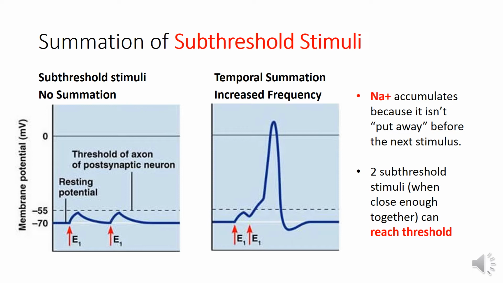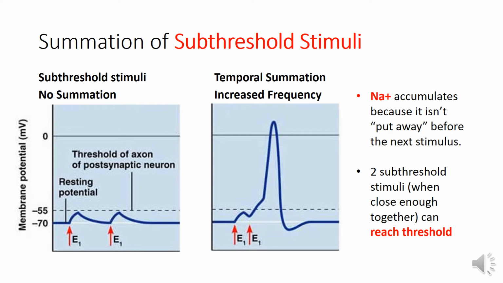So there's a lot of sodium outside the cell, and based on the law of diffusion, sodium wants to go back in. When an EPSP happens and the permeability of our cell to sodium is increased, sodium floods back into the cell, increasing its potential and getting it closer and closer to, in this case, negative 55.